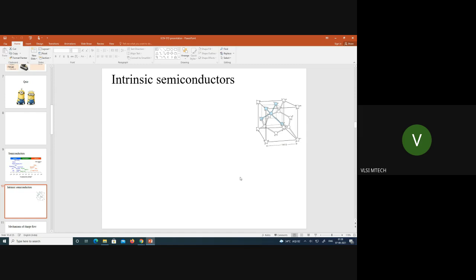So this on the top right is a representation of the silicon crystal structure. I have shaded this with blue to show that each silicon atom has four nearest neighboring atoms associated with it, right?